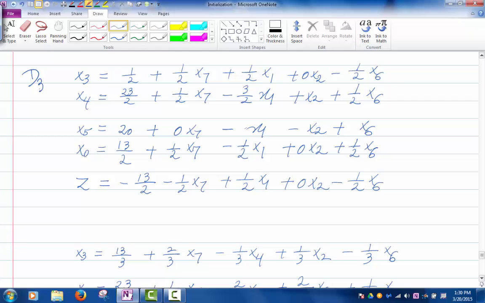Okay, now I have this. Now what is the entering and what is the leaving? What is the entering variable here?